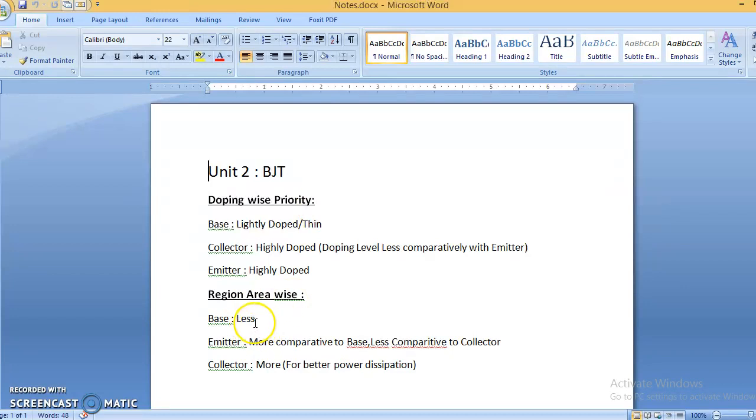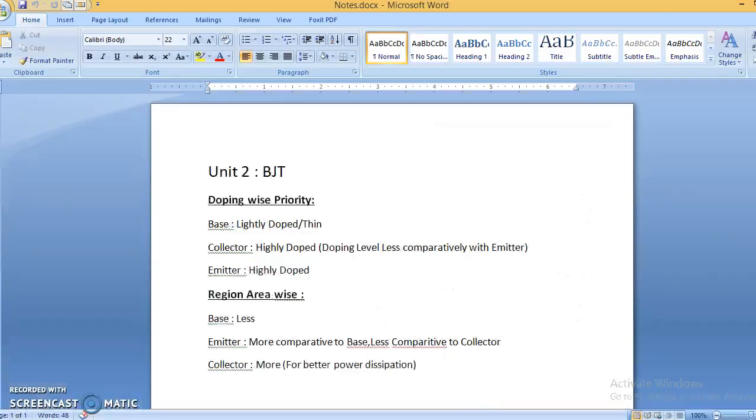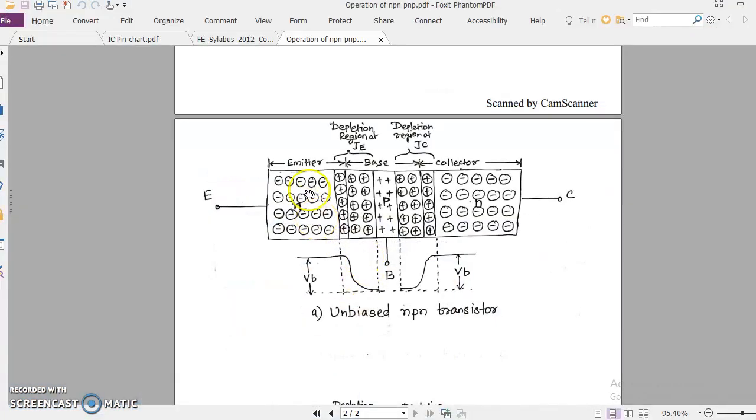Base is having very less area than emitter, but if you compare the area of all three layers, collector is having the largest area, right? So area-wise, the first priority is collector, then emitter, and then base.